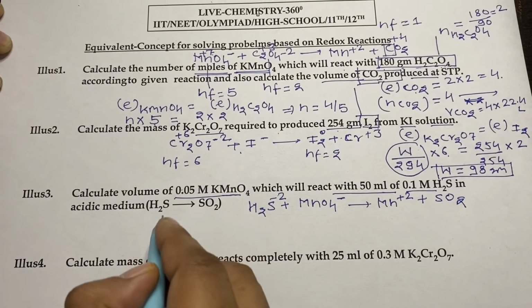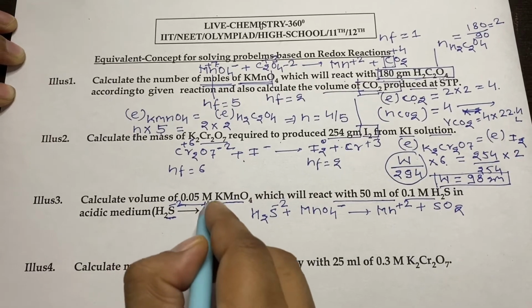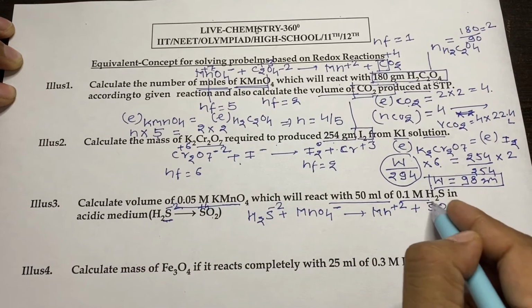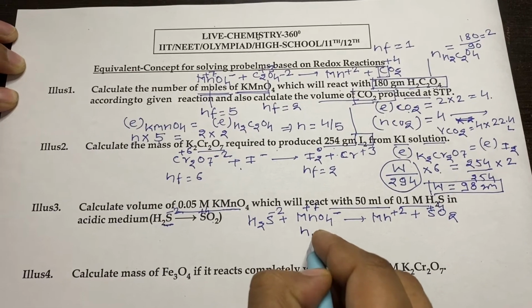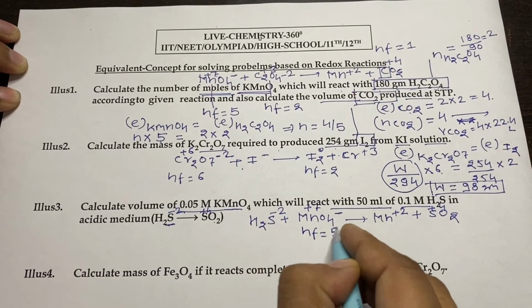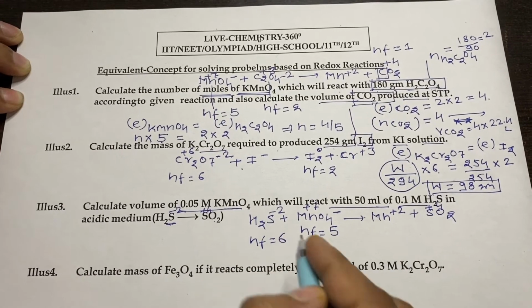The changes in oxidation state we can find from this: sulfur goes from S minus 2 to S plus 4, and manganese from plus 7 to plus 2. So the n factor of permanganate will be 5, and the n factor in the sulfur case, minus 2 to plus 4, will be 6.